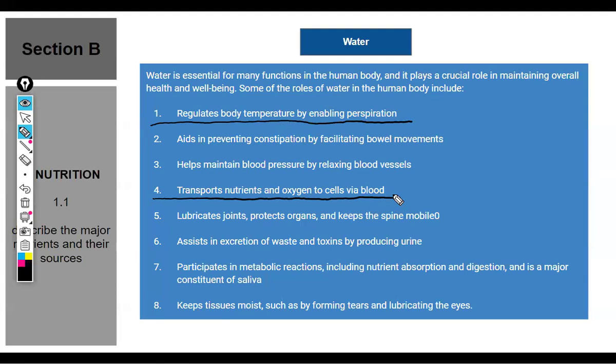Isn't blood a liquid? If you had no water, then you can't have blood. Your blood, which contains a lot of water, helps to transport the nutrients and oxygen around the body. So that's a very useful use of water. It's part of the blood, and your blood transports things around your body.